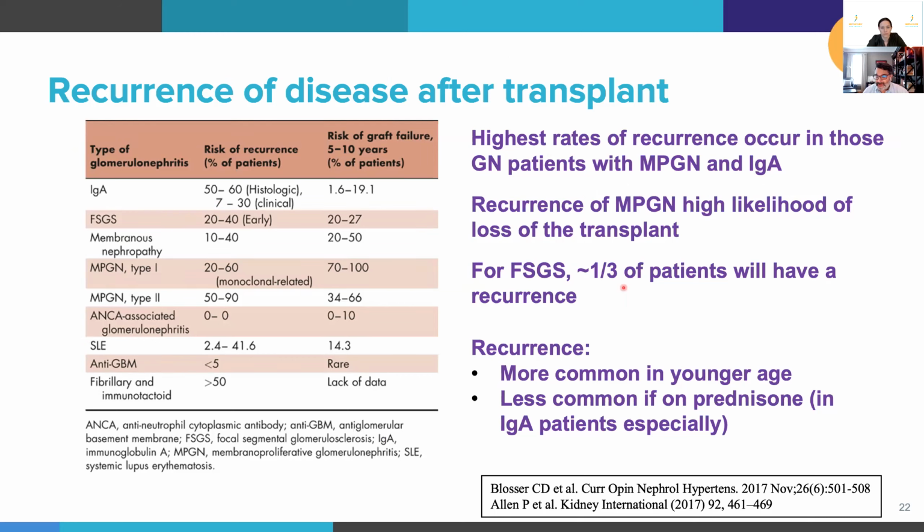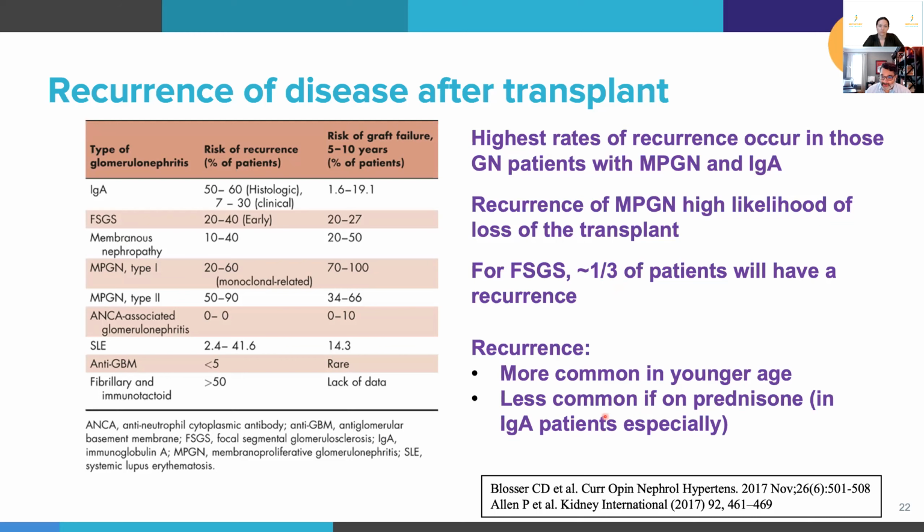For FSGS patients, it's about a third of patients who'll have a recurrence. And it's more common in patients who are a younger age at the time of transplant, and less common if patients are on prednisone as part of their transplant therapy. And that's been demonstrated particularly for IgA patients. A lot of transplant centers prefer to use a steroid-sparing regimen for their anti-rejection medication.